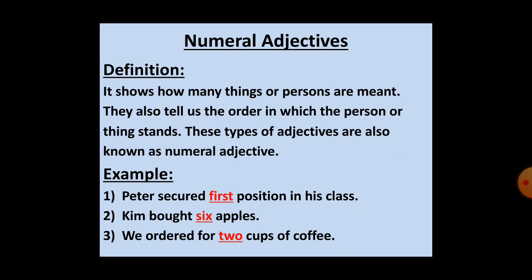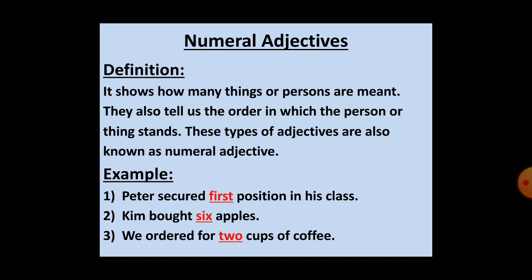So in the first example you see, Peter secured first position in his class. So first is basically an ordinal number, when we show order of something. When we show sequence of numbers we use cardinal numbers, that is 1 2 3.